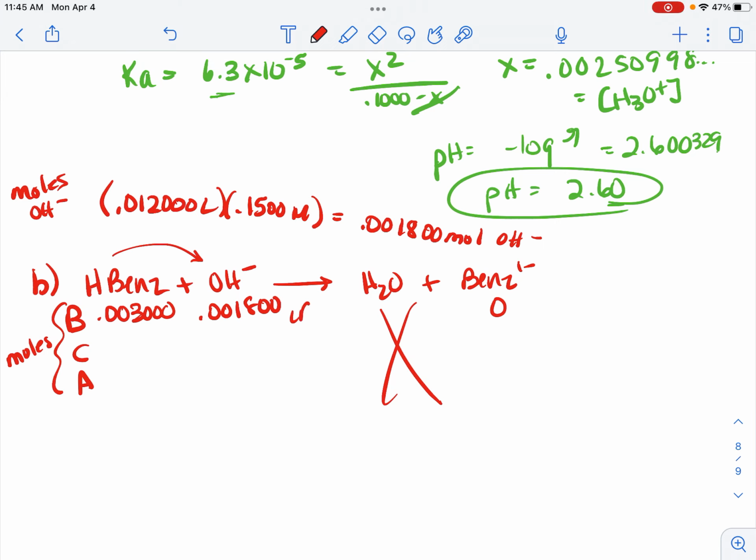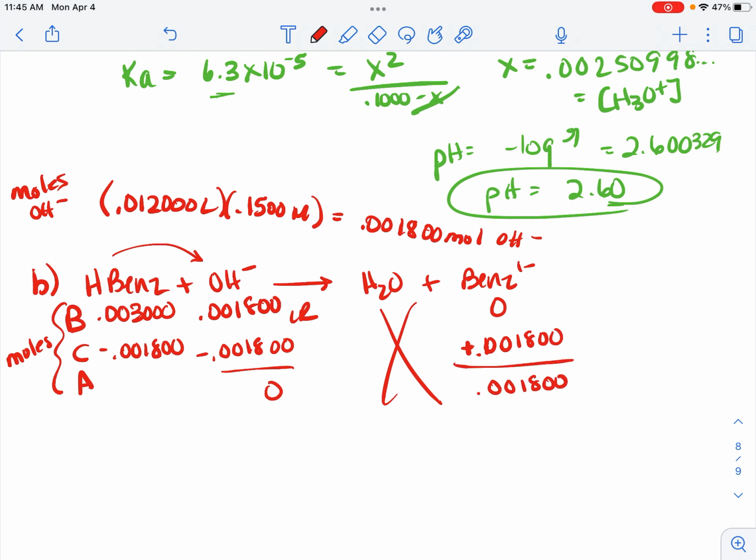So now this is the limiting reactant, so minus 0.001800, minus 0.001800. This is 0, but I have to remember to add it to the other side. This is now 0.001800, and this is going to be 0.003 minus that, which is 0.001200. Notice that what I have in my flask is the benzoic acid and the benzoate ion.